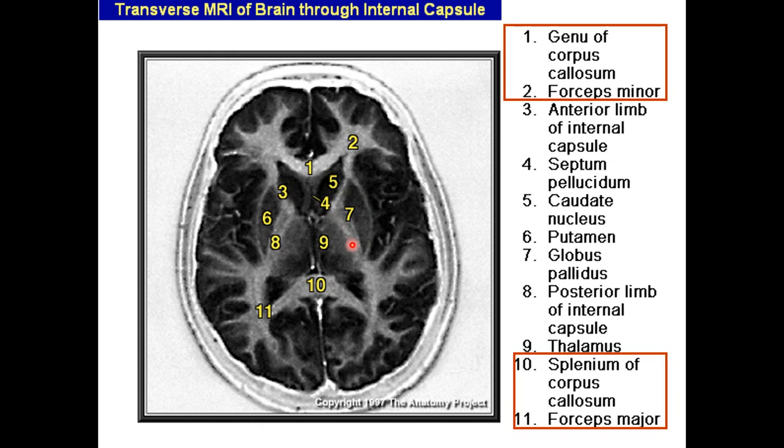Together these form the corpus striatum, and this is the internal capsule. Here are the frontopontine fibers, then motor fibers at the genu and the anterior two-thirds of the posterior limb, and then comes the rest, the parieto-pontine and the occipito-pontine fibers, and the auditory fibers, the most posterior fibers. And you can see here the splenium of the corpus callosum and the forceps major.